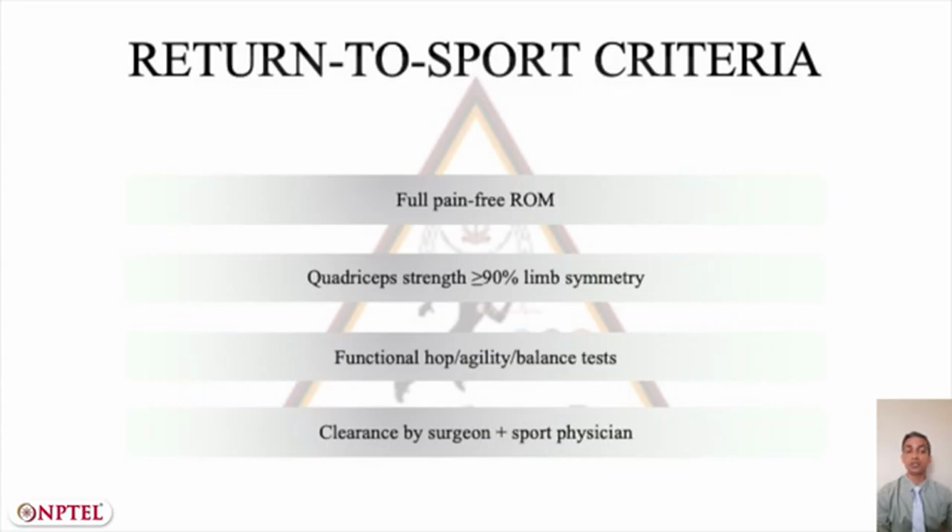Patients must also not complain of any instability symptoms while performing these tests. Investigators can look at the patient's face while they perform these tests to look for any grimace. Clearance by the surgeon and the sports physician is essential before making a full return to play.